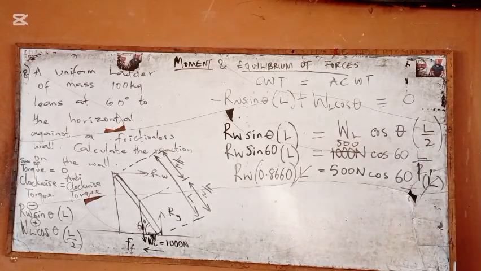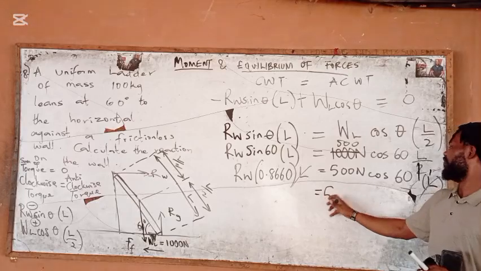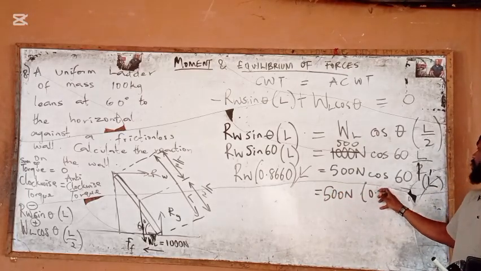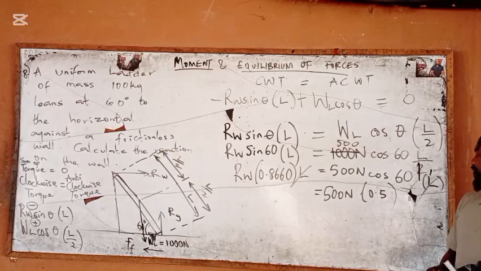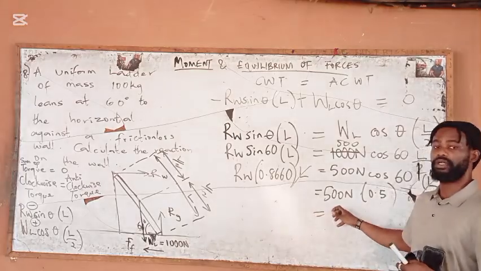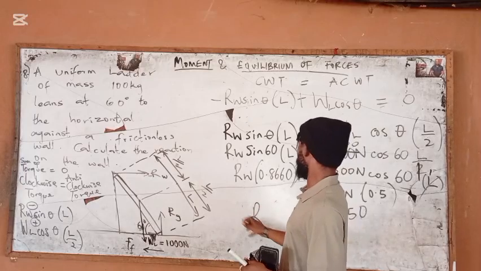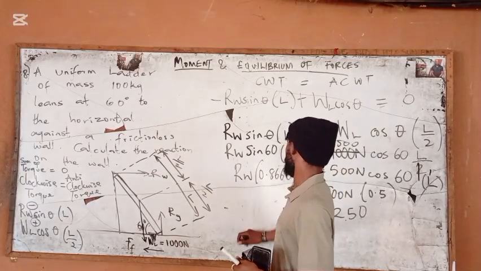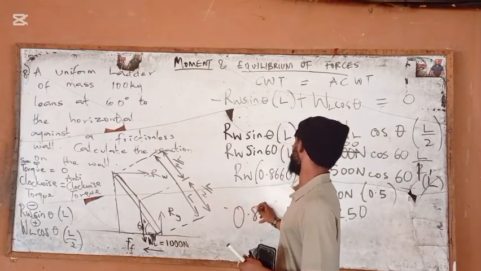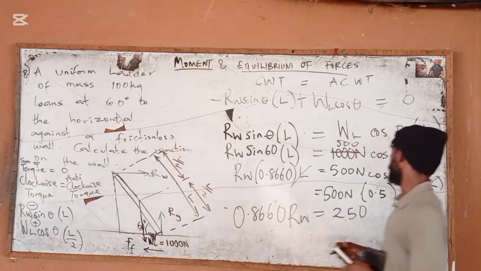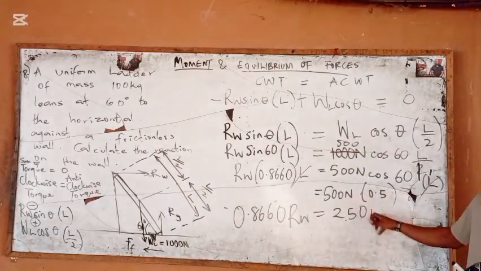Cos 60 equals 0.5. So 500 Newton times 0.5. Okay. So you got what? Then I now have, this is essentially saying I have 0.8660 RW. And this one is 250 and it's in Newton.